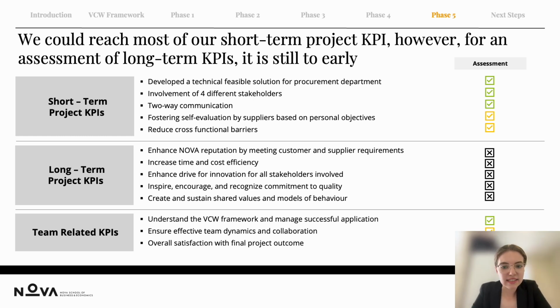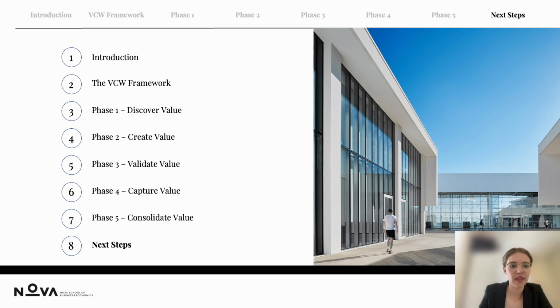As the solution is not implemented right now, we cannot see if there are any increases in time and cost efficiency, for example. So to assess the long-term KPIs, we still need to wait for the next implementation phase. And then the last aspect of our agenda for today are next steps.